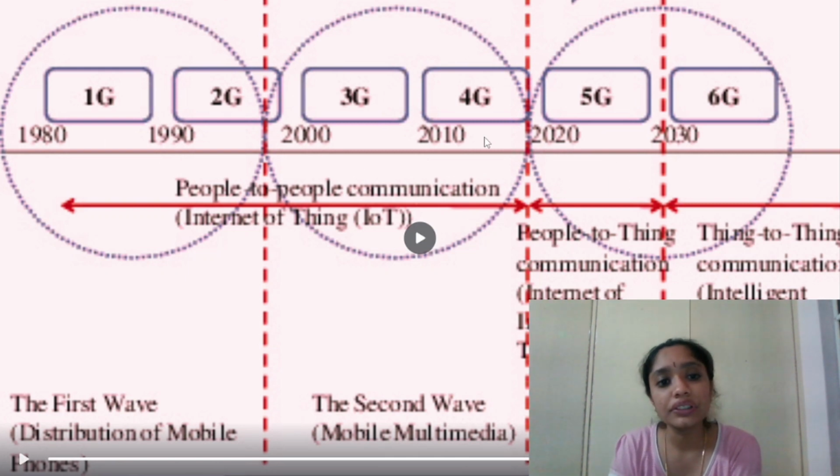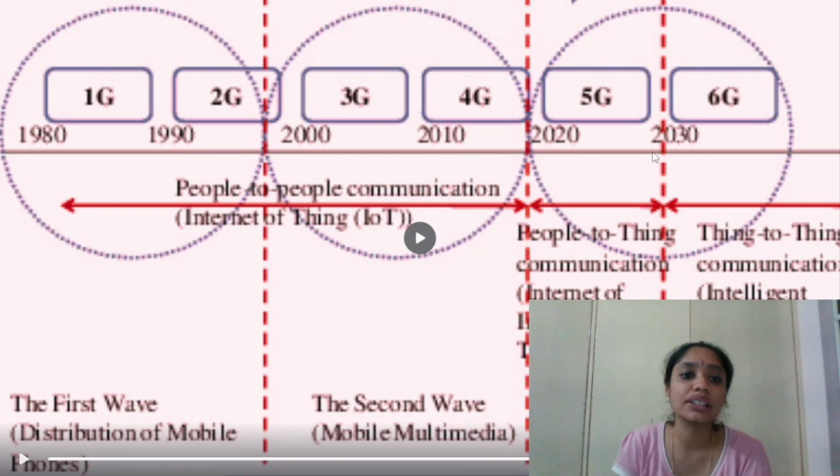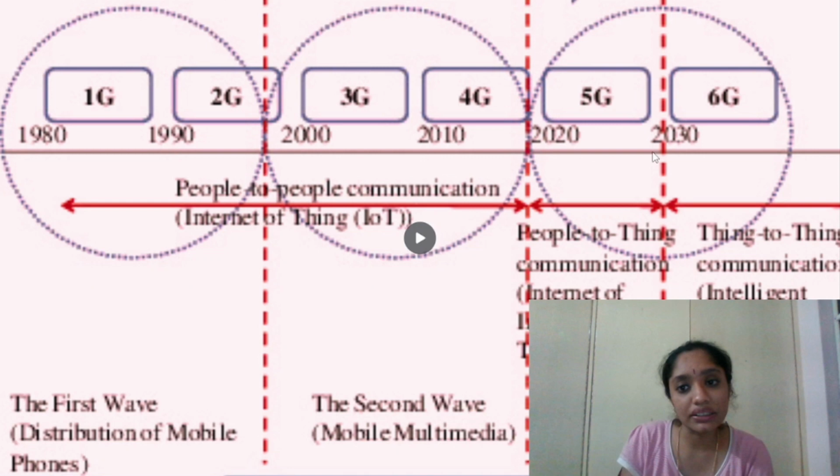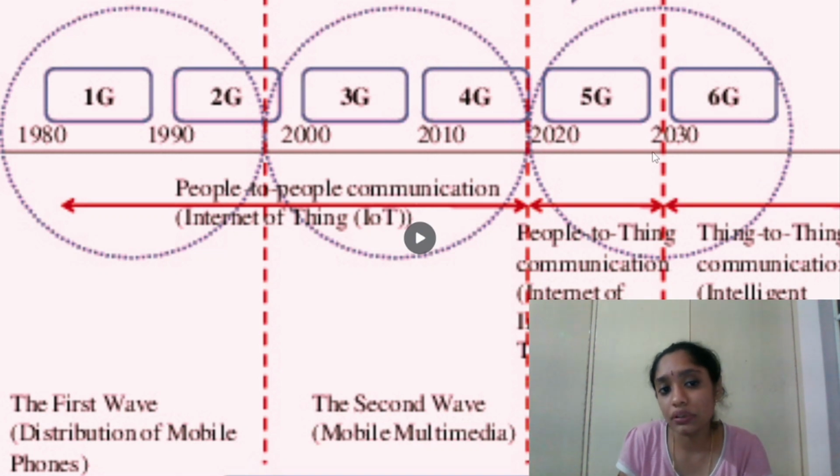So if you see the difference, for every generation there is a gap of 10 years. So every 10 years, successively the generations got advancement or got improved. Correct? We have been updating ourselves from 1980, and we are still updating for 5G now.